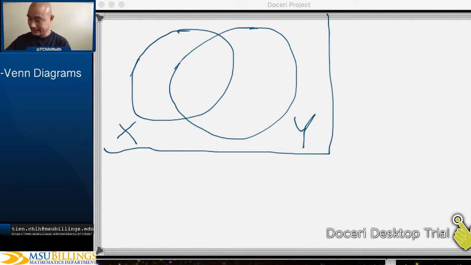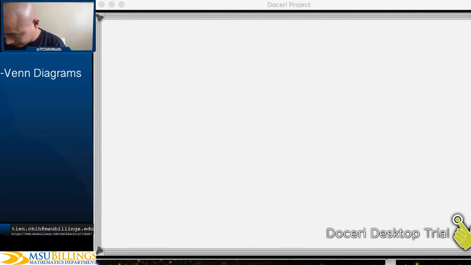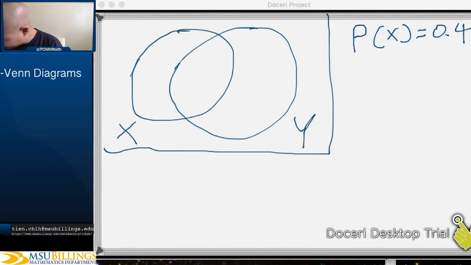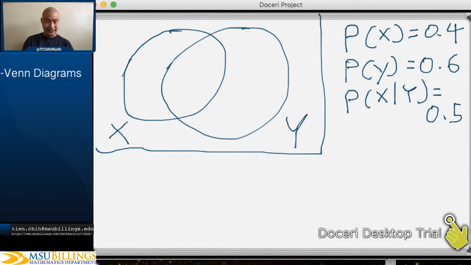It's not going to be a problem with specific values in it, but let's say P of x is 0.4, P of y is 0.6, and let's say P of x given y is 0.5.